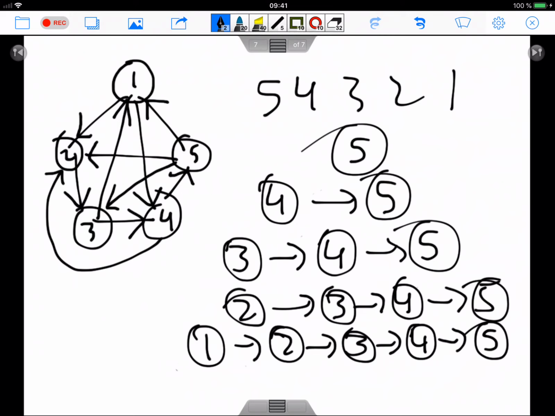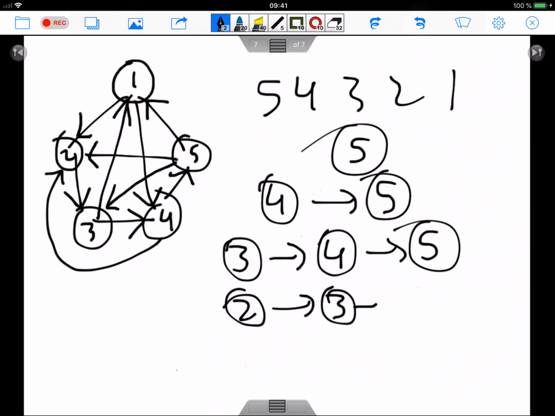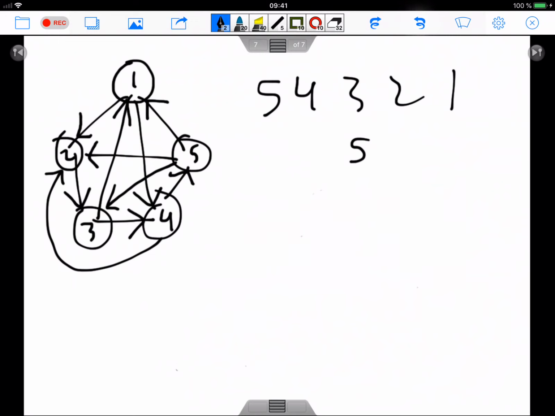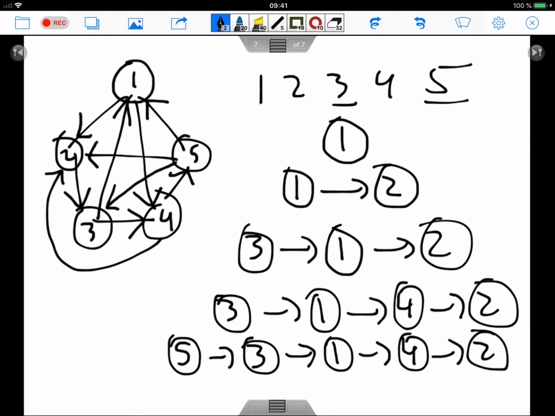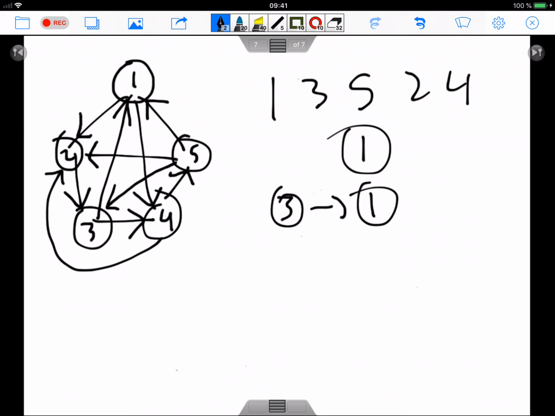Okay, let's try with another order yet. So, for instance, I don't know, 1, 3, 5, 2, 4. Okay, so I insert 1, then from 3 I can go to 1.